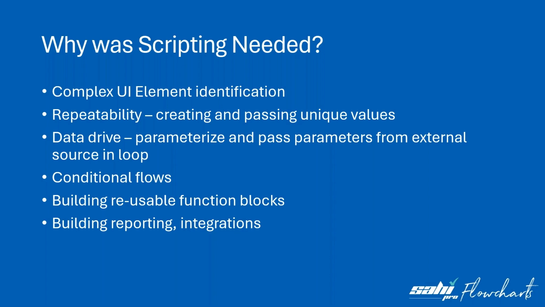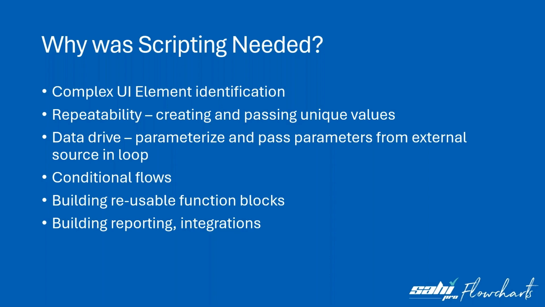For example, if you were to do a registration process and you recorded it, or just used hard-coded values, the next time you wouldn't be able to run that flow, because the email address with which you signed up has already been used, so it can't be reused. So for repeatability, there were a bunch of things that needed to be done, for example, creating and passing unique values.